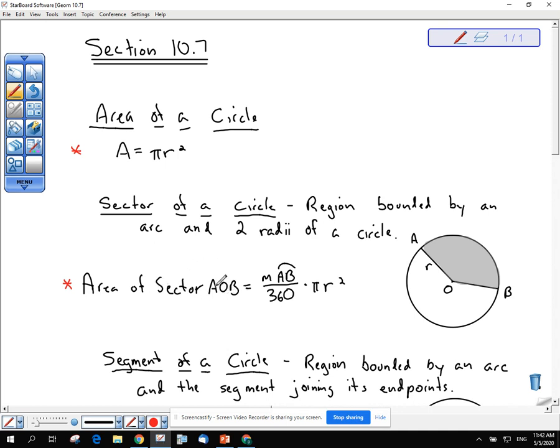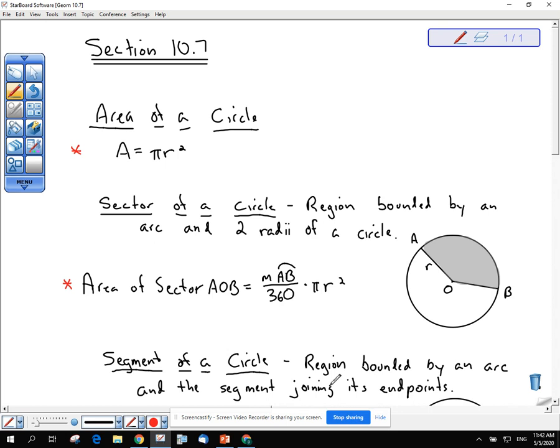But it should not be confusing when they say sector AOB, and here's AOB. Obviously, we're talking about that sector that I have colored in gray. As far as the area goes, the measure of arc AB, that's 2 letters, that's a minor arc, that goes from A to B in the shorter distance along the circle, times pi r squared.